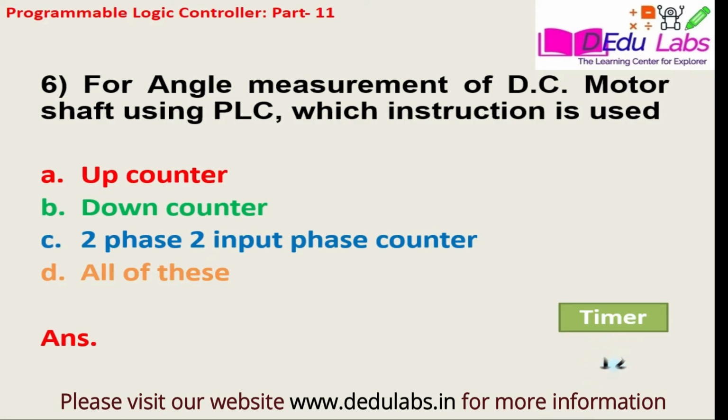The answer is option number C, that is two phases, two inputs, phase counters.